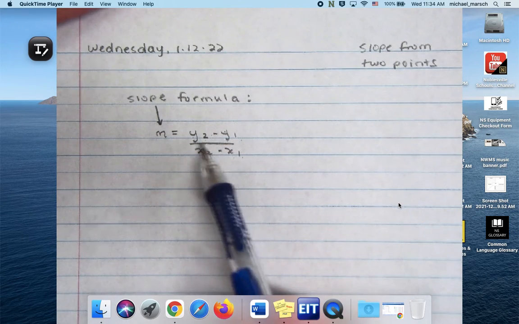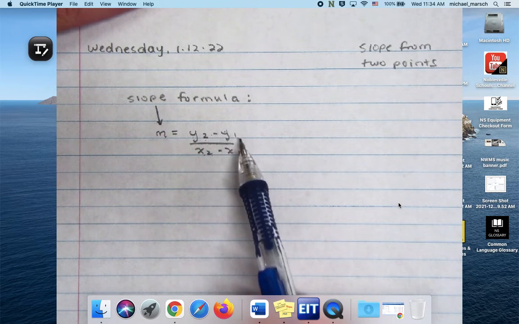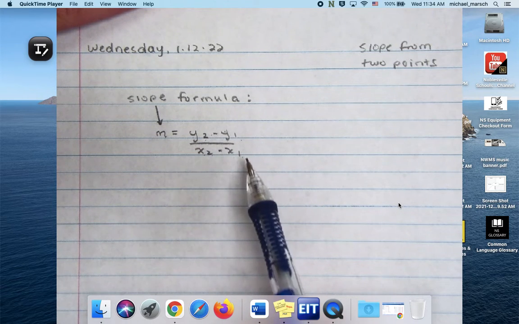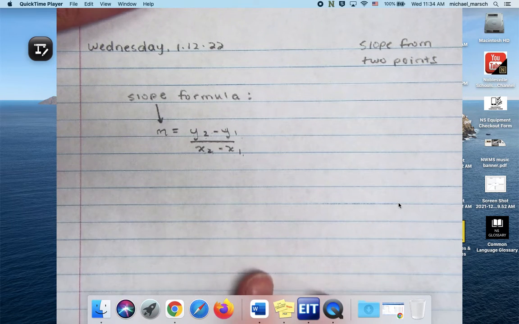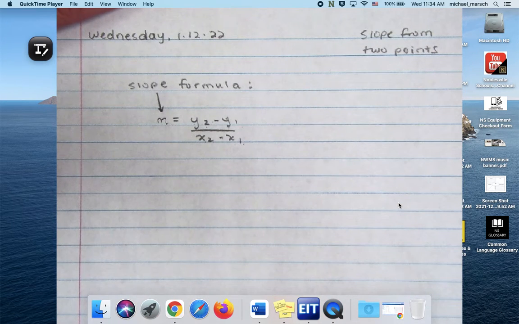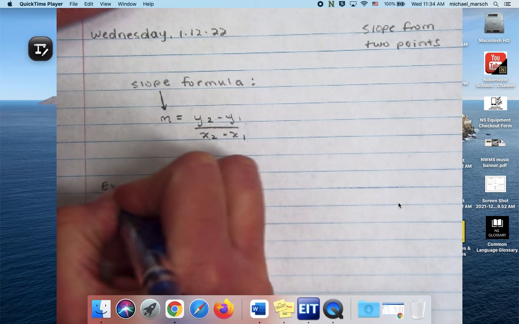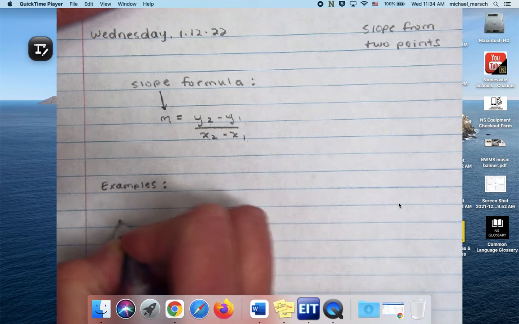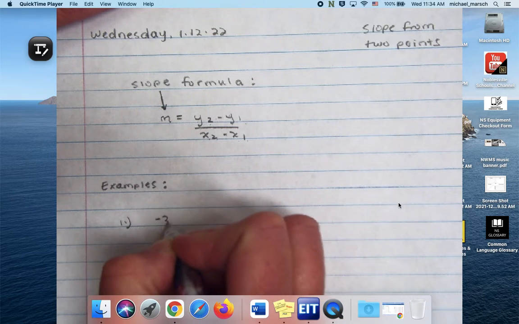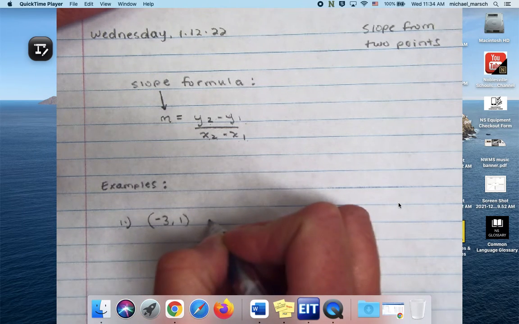Okay, so we have the y little 2, y little 1, x little 2, x little 1. So now we're going to apply this, and this is why we need the color coding, so we keep things straight. So we're going to jump right into the examples. Like I said, you're going to be given 2 ordered pairs.